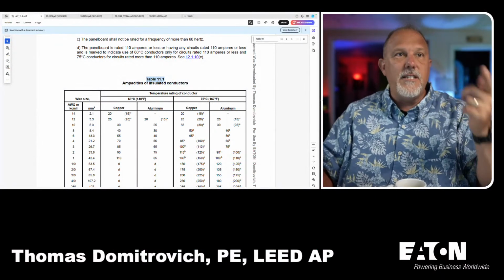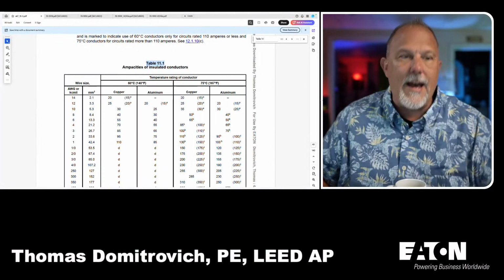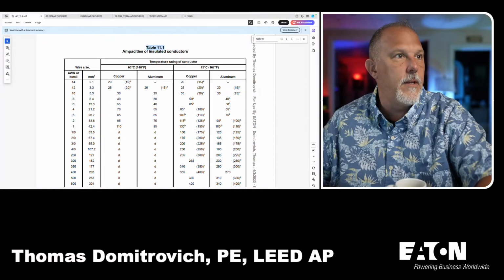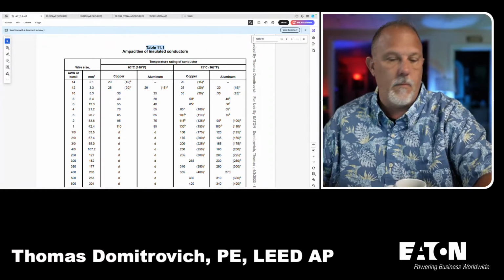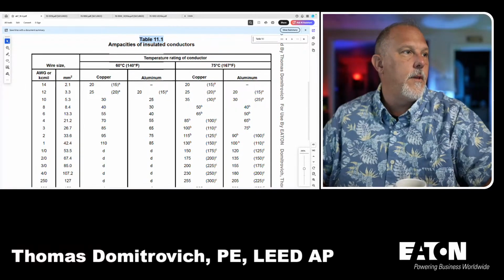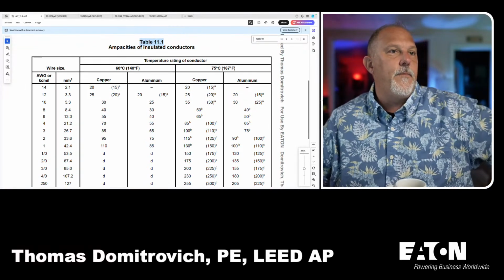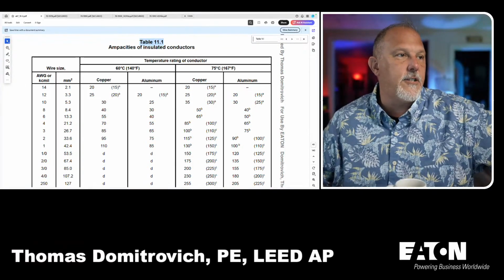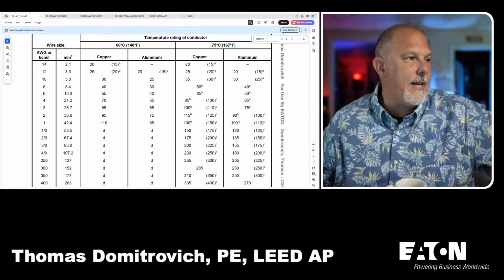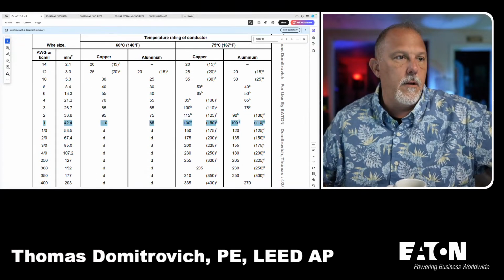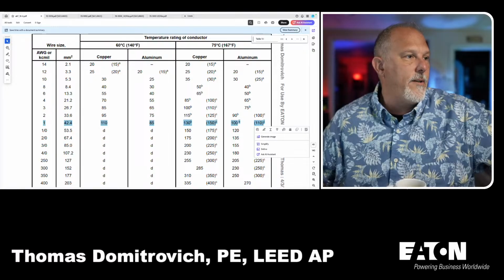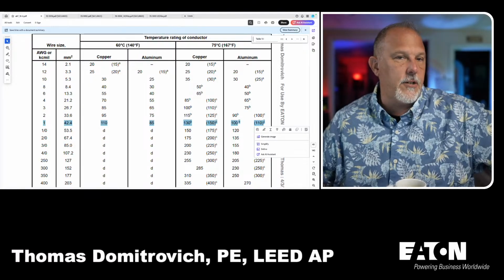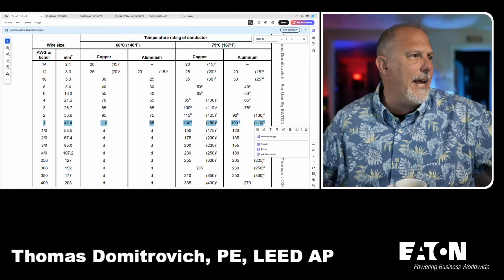Here is the table 11.1 out of UL 67. This one says temperature rating of the conductor. And if you look, say a number one gauge conductor, let's look at 8.